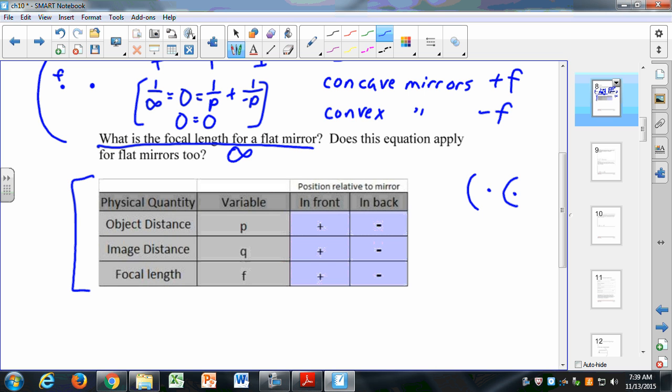But if it's in front, it's going to be positive. If the image is in front of the mirror, that means you can project it onto a screen. It's in this sort of real space. The image distance will be positive. If it's behind the mirror, like in Poltergeist, come to the light, come to the light, then it's going to be negative.